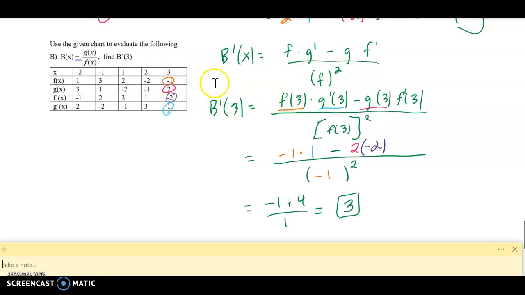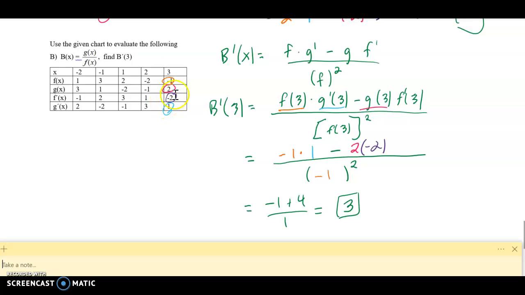Once again, I did the same color coding system. This guy should really be underlined in orange because that's where I got that -1. This guy down here was the same as this one, so that's f of 3. Oh, and I missed that one too. This should be purple over here.